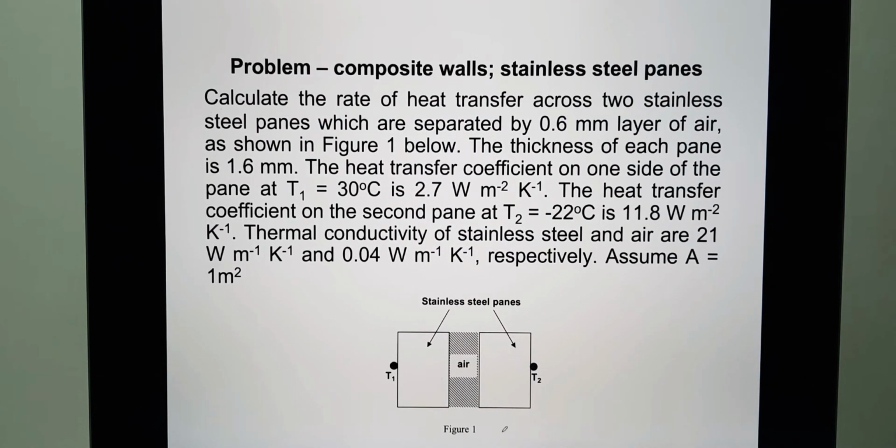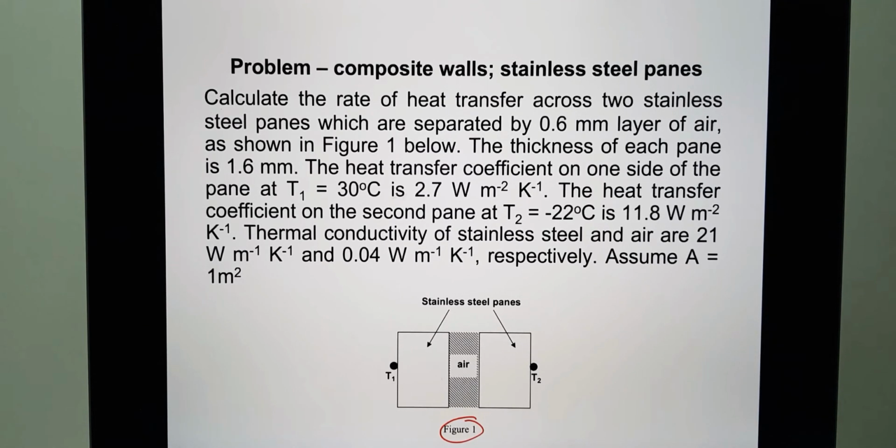Okay, now we move on to the problem for composite wall. For stainless steel panes, calculate the rate of heat transfer across two stainless steel panes which are separated by a 0.6 mm layer of air, as shown in figure 1 below. The thickness of each pane is 1.6 mm. The heat transfer coefficient on one side of the pane at 30 degrees Celsius is 2.7 watt per meter square Kelvin.